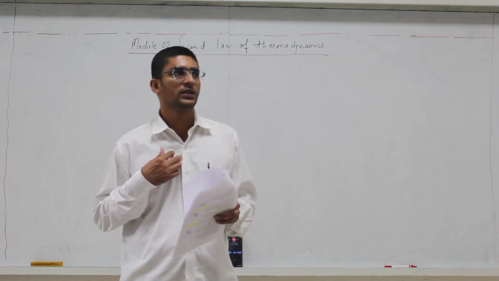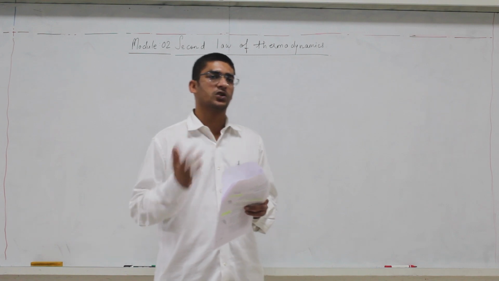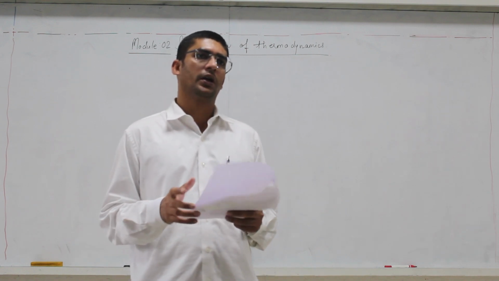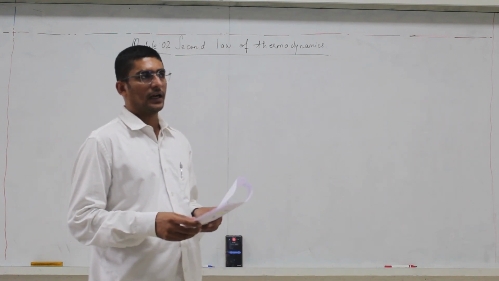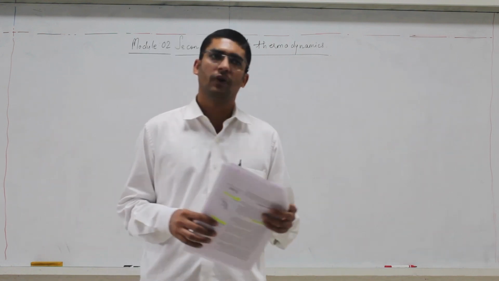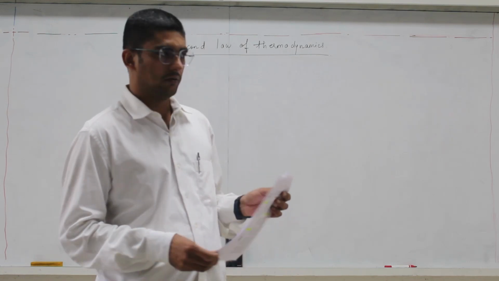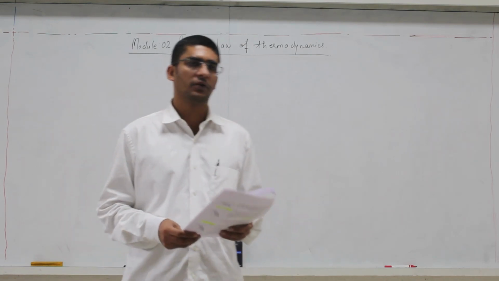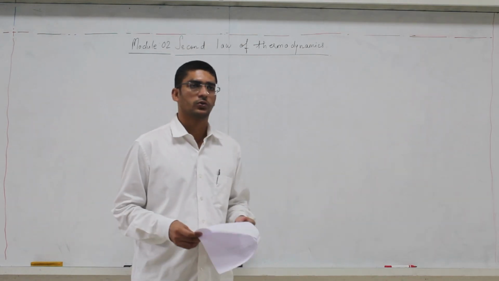Then we will see the Carnot principle related to the efficiency of a heat engine and an irreversible heat engine. Then we will define the COP value mathematically, with its derivation, and then we will switch over to problems.